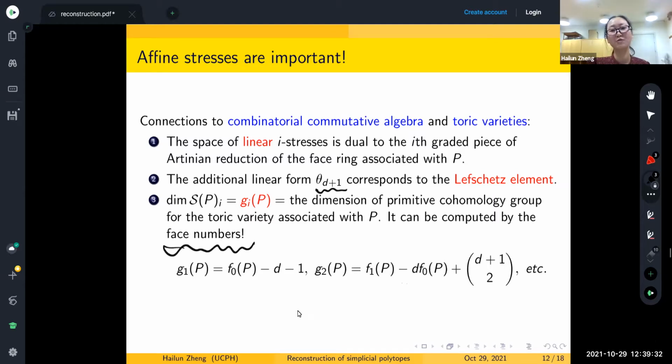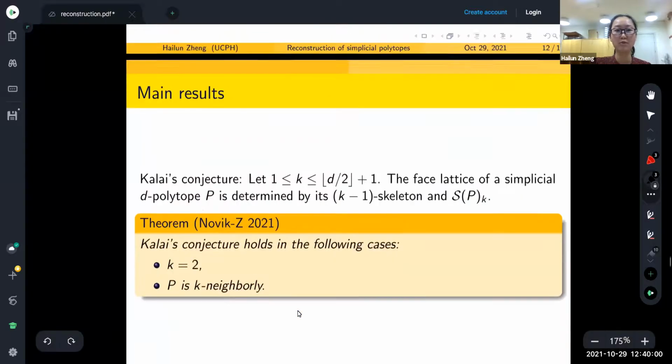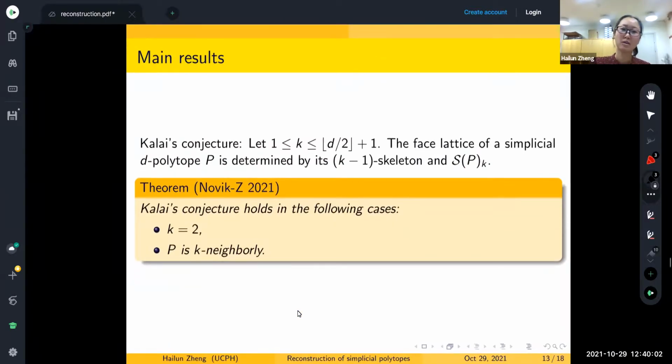But actually, if you know that these numbers are the dimension of some cohomology group for the toric variety associated with P, this comes automatically. Okay, so I just want to mention that these results are of interest to many people who study polytopes. And that's the reason why it looks pretty nice that we could solve some reconstruction problems by considering the affine stresses.